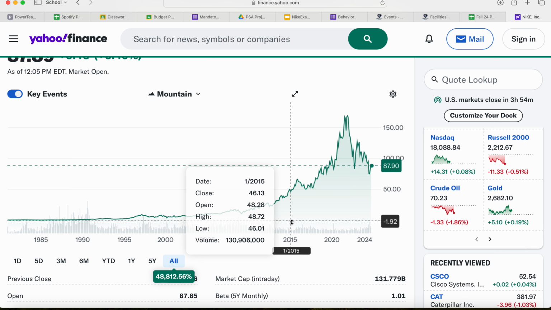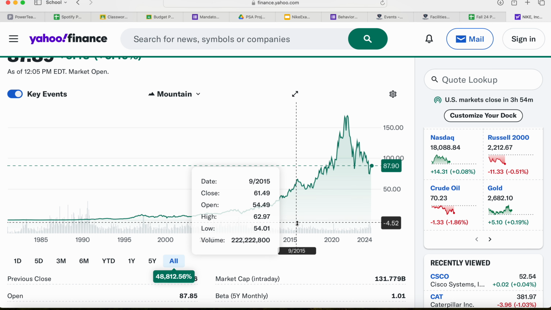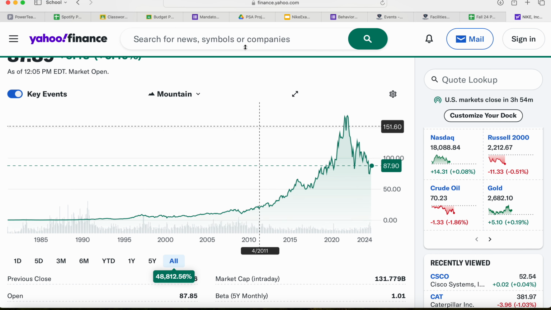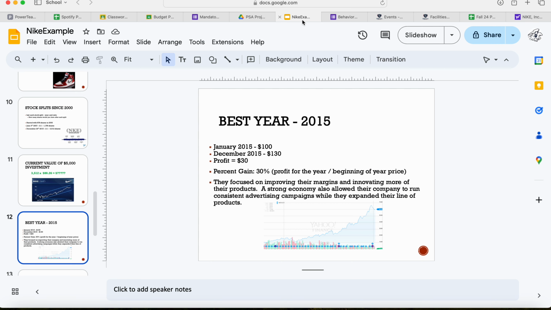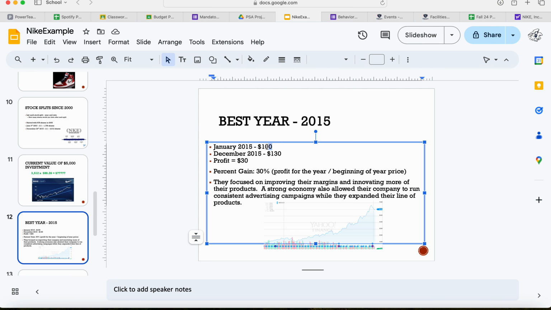So let's go figure what December is. So we have 48 to December, which is 66. So 48 to 66 is what we are doing. So we'll say $48 here, $66 here, and I just made those numbers up there.